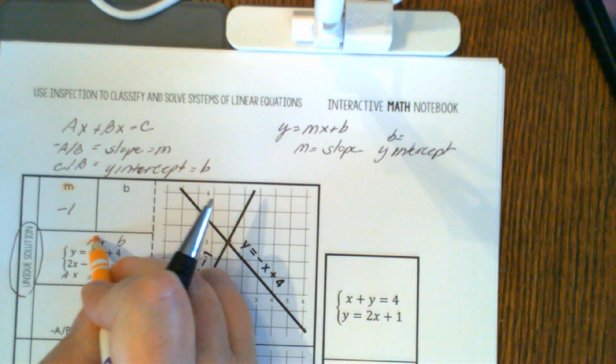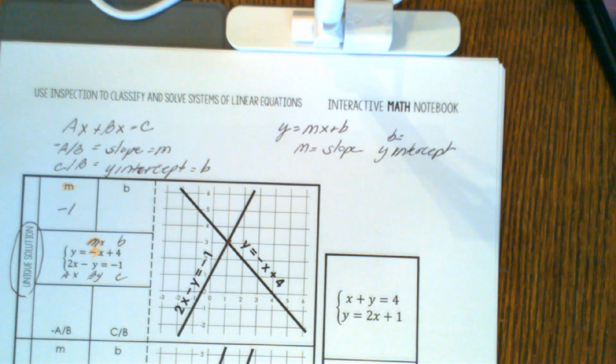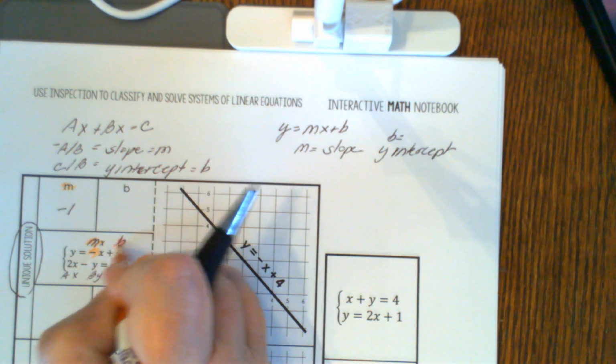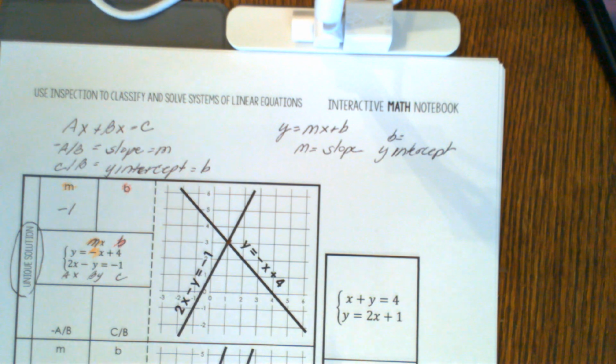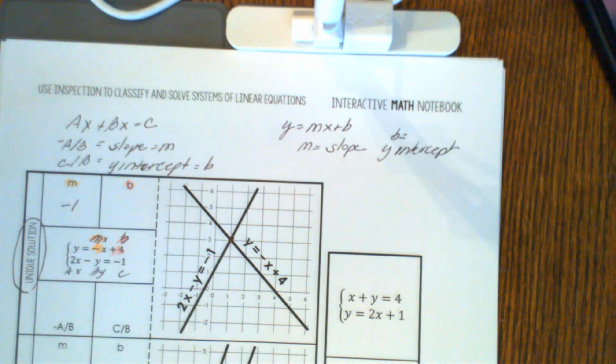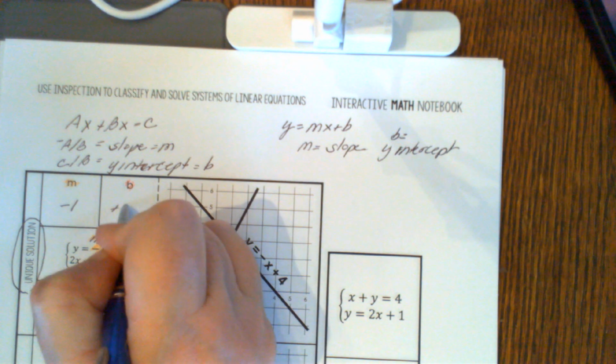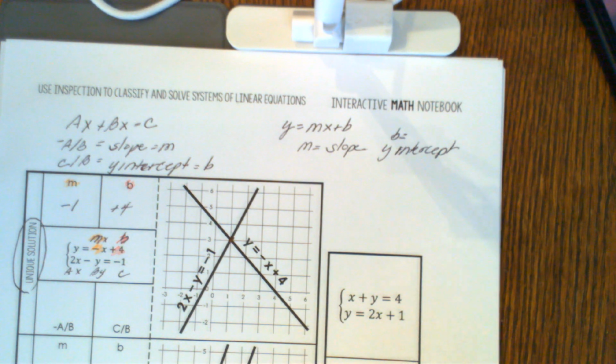I'm going to color code it, okay? Then we look at the y-intercept, which is b, right here. I'm going to put the operation with it so you remember that it's a positive.